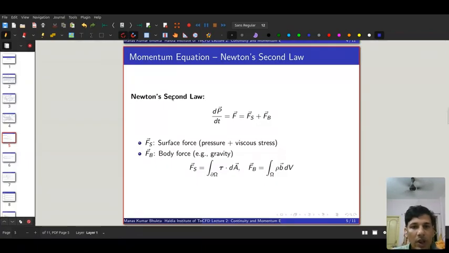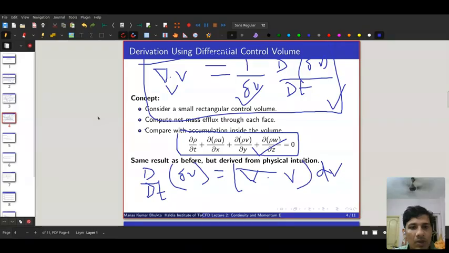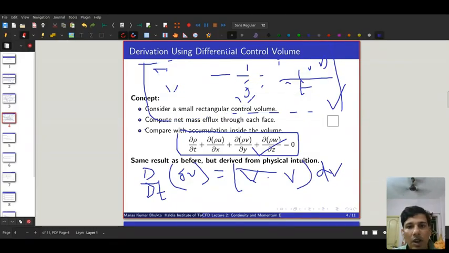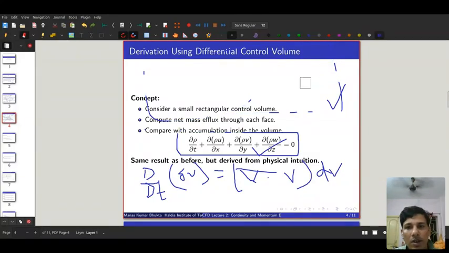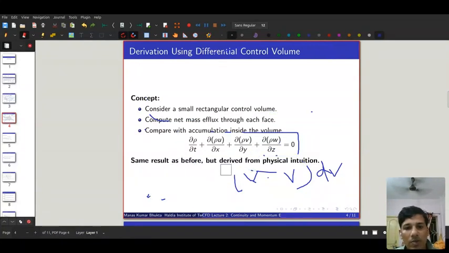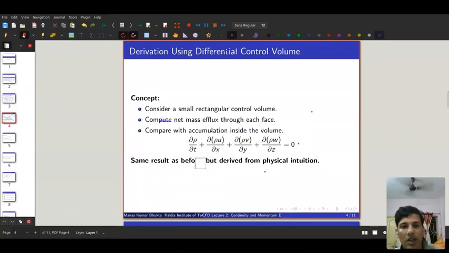So before going to the momentum equations, we'll have to learn about the continuity equation. This is the exact form of the continuity equation.